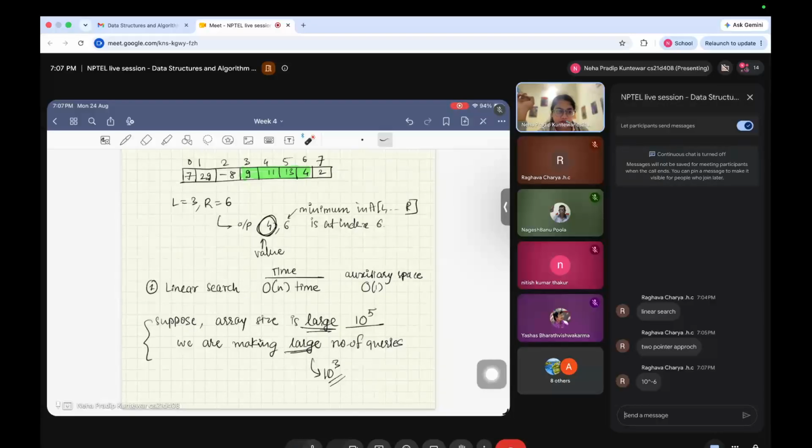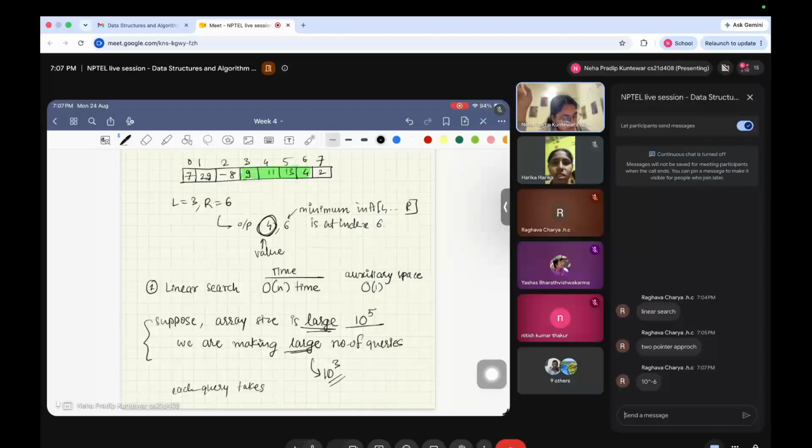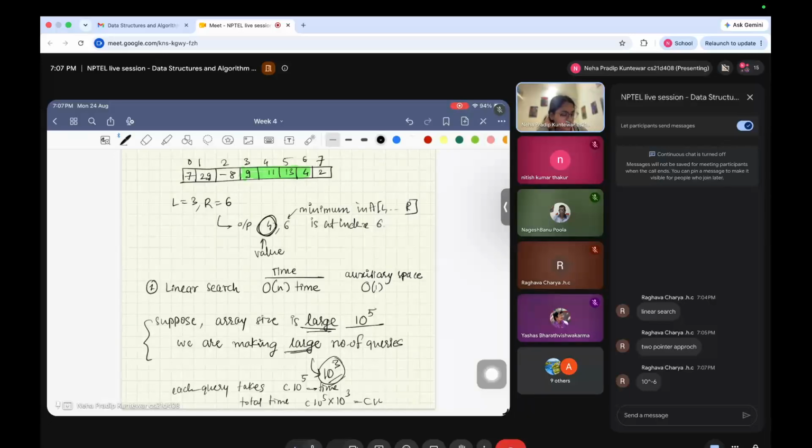Okay, so each query takes some c times 10 to the 5 amount of time, and there are 10 cube many such queries, so the total time would be c times 10 to the 5 times 10 to the 3, which is c times 10 to the 8.